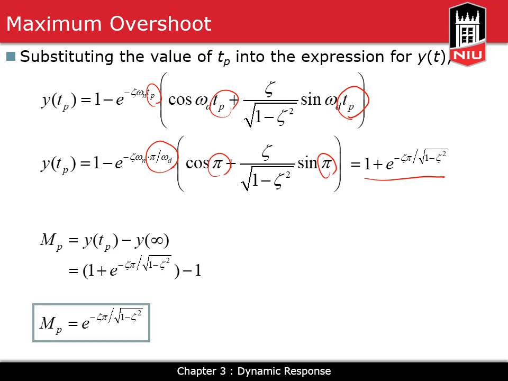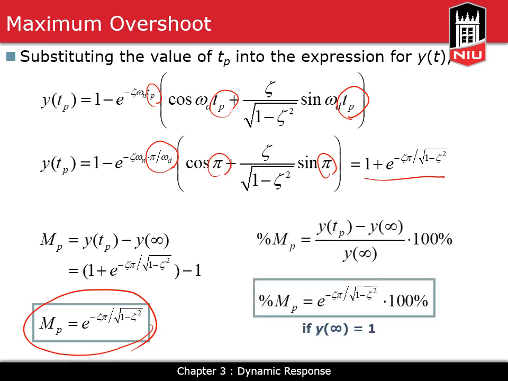As I said, we have to subtract 1 because 1 is the final value. We want to know how far the response goes above 1, so we subtract 1. And this will be the amount of overshoot, not the percent overshoot. The formula for the amount of overshoot is e to the power of negative zeta pi over square root of 1 minus zeta squared. If we want the percent overshoot, we should just multiply that by 100%. So this is the formula for percent overshoot.